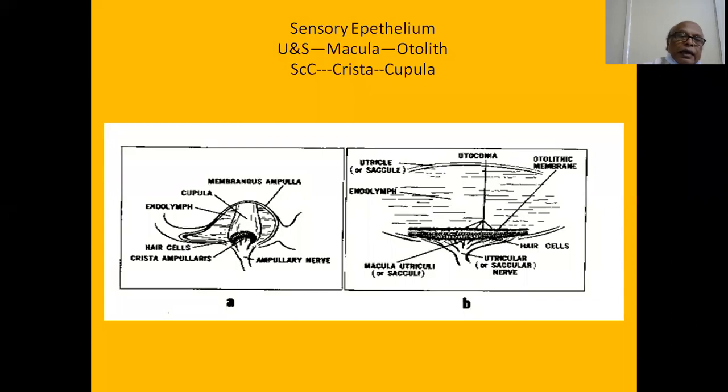In the same way, in the ampulla, the specialized apparatus is called crista ampullaris. Over this crista ampullaris, there is a gelatinous material called the cupula. This cupula is also very, very sensitive, like the otolithic membrane.